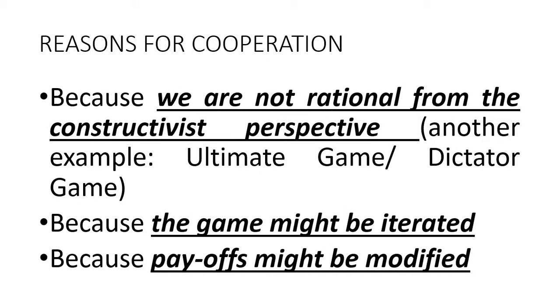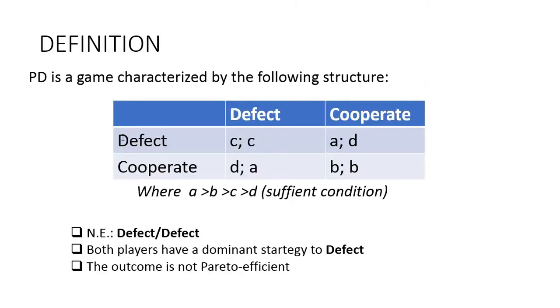Even though theoretically you should accept any offer above 0, you do not, because of human dignity, because your feelings were hurt or anything like this. The same applies here. Even though it's a perfectly rational move to defect, regardless of what the second player decides to do, in real life, people still cooperate, because we are human beings, not perfectly rational players.